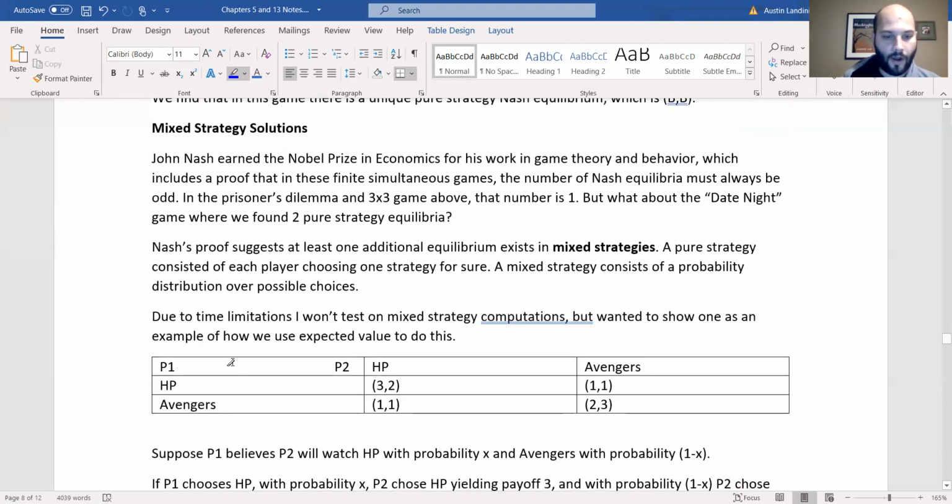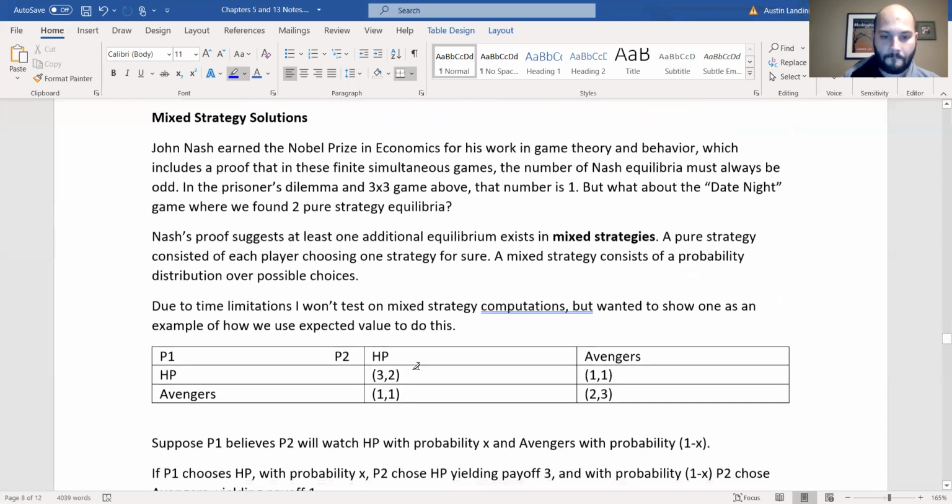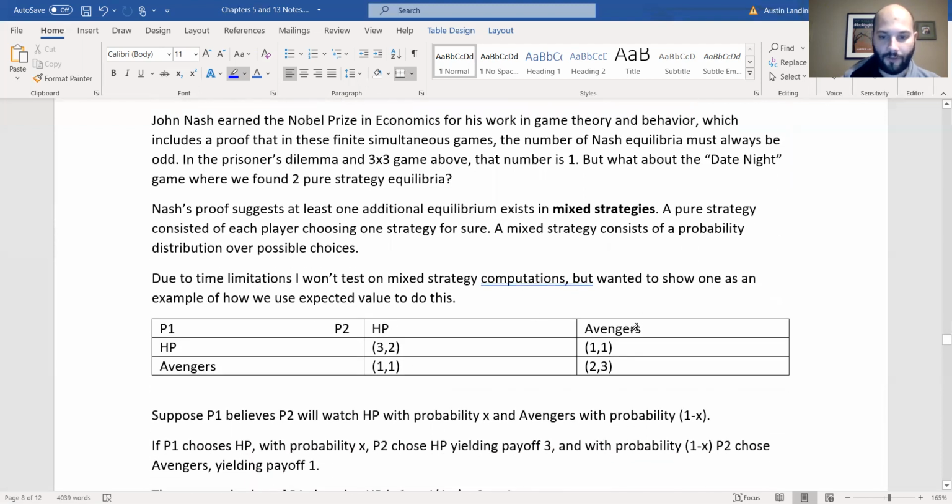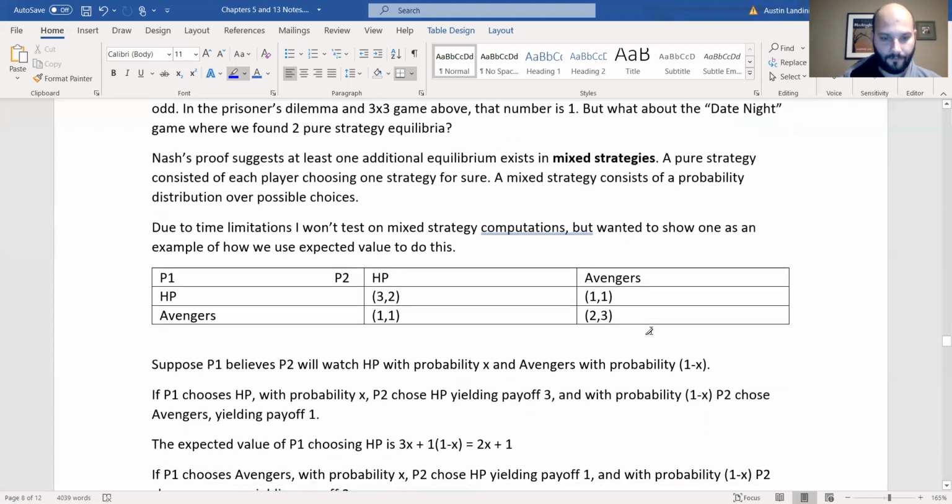So player one assumes that rather than picking one of these movies for sure, player two will watch Harry Potter with probability X and Avengers with the complement probability. So it always has to add up to 1. It's easier for us to just use 1 minus X. This is saying if player 2 is choosing Harry Potter with, say, a 75% chance, then the chance of Avengers is the remaining 25%.